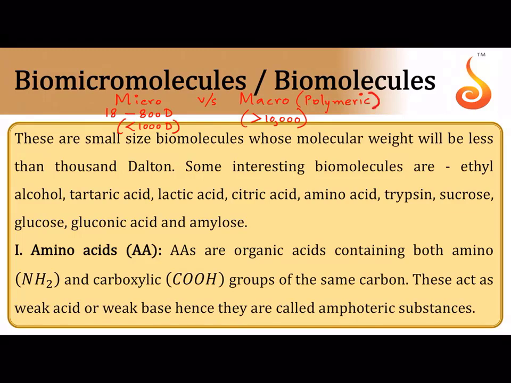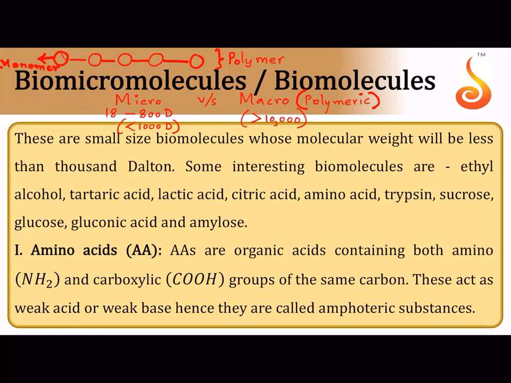Now what do you mean by polymeric? Polymeric means, for example, if I consider a beaded chain like this. Now this entire beaded chain becomes a polymer because it is made up of many individual units which are bonded together, and each individual unit is referred to as a monomer. So most of the macromolecules are made of monomeric units.